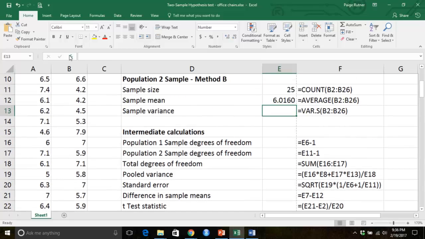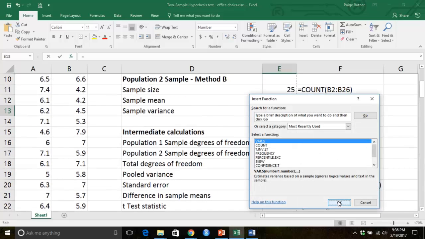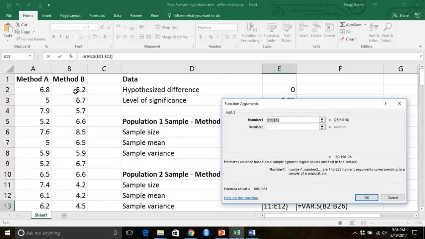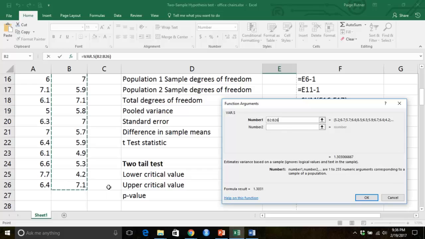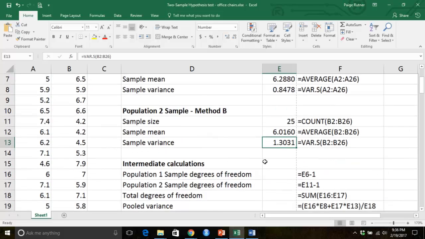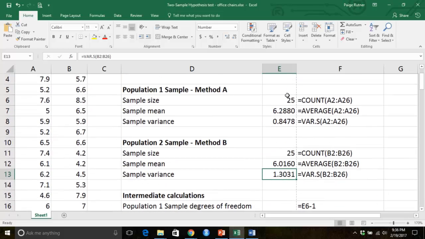And the VAR.S function will give me their variance. All right, so the values that I'm seeing here, 25 in each sample, a mean of 6.2880 for sample A, method A, 6.0160 for method B, and then I can also see the variances here.